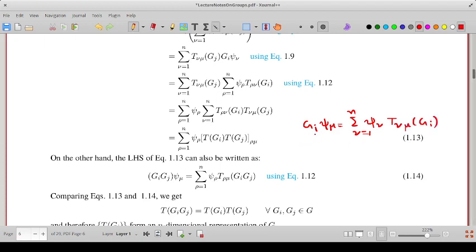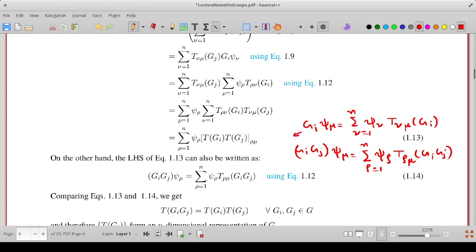And if instead of Gi I consider the group element obtained by the product of Gi and Gj, acting on psi mu, that can also be written as a linear combination like this, but in that case instead of nu, let me write rho running from 1 to n, then psi rho times T rho mu, with Gi Gj in place of Gi.